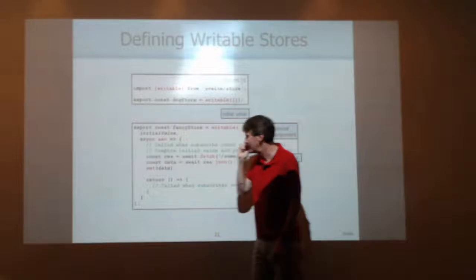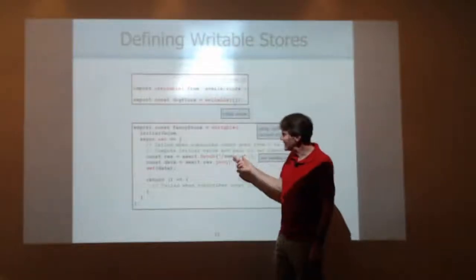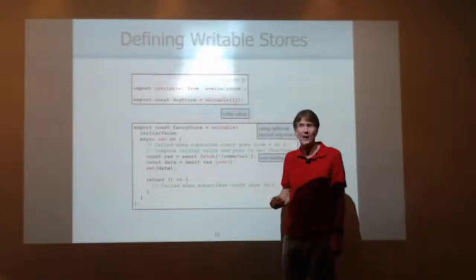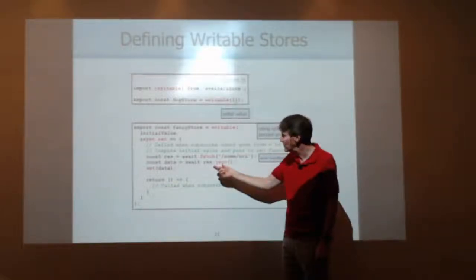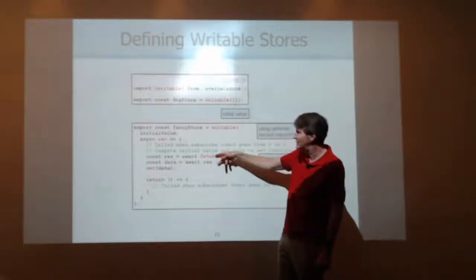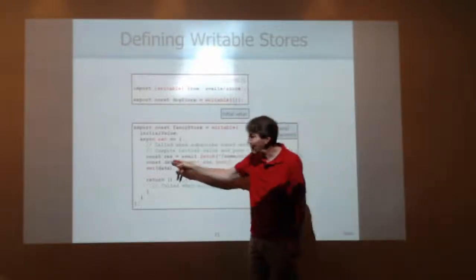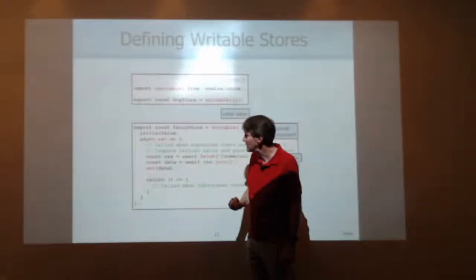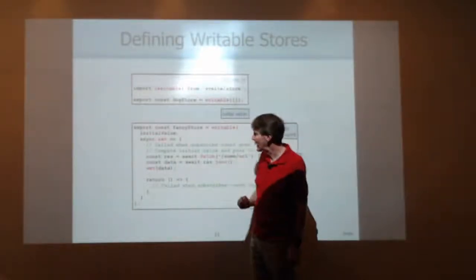So I get some data back from that REST service, and because it's the fetch API, I've got to make one more call and get the result as JSON. I've got to await that as well, because both of these are returning promises. And now I finally have my data, and I call set, that function that was passed into me. So now my store has its value.